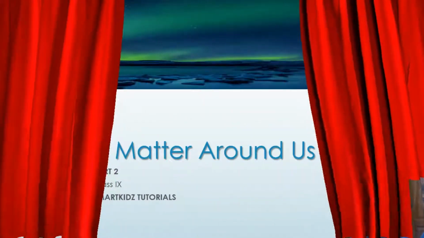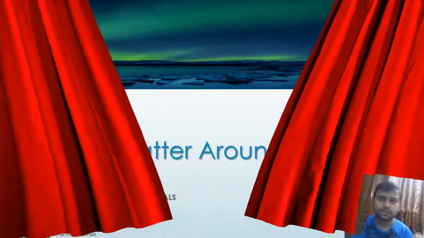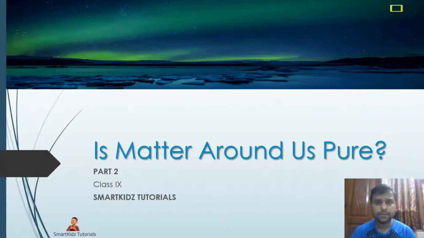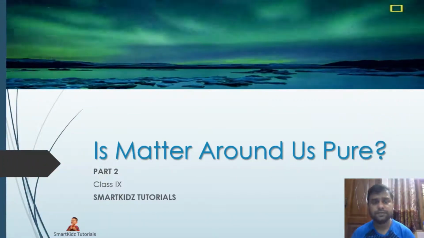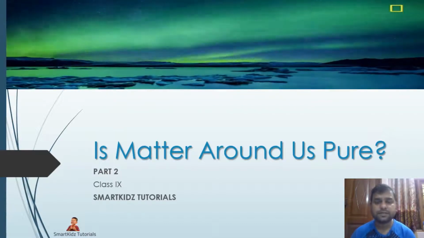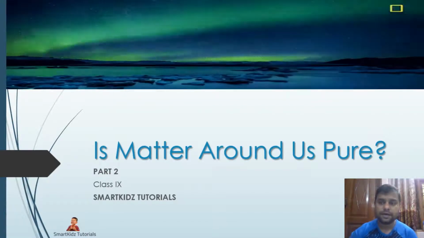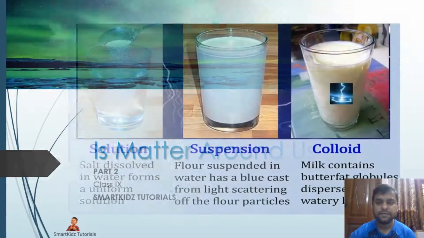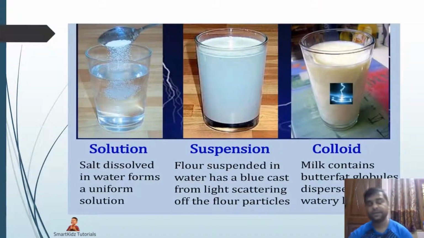In this video, we'll be moving to the second part of the chapter, Is Matter Around Us Pure. In the previous video, we covered what are solutions, what are suspensions, what are colloids.